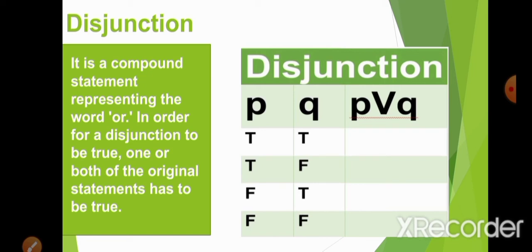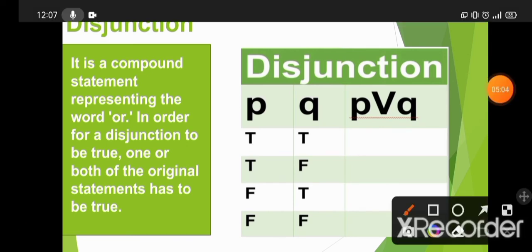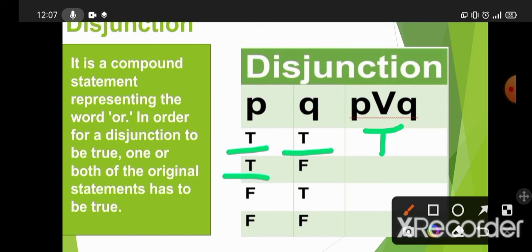So, in our first, we have P is true and Q is also true. So, the disjunction is true. And the second one is P true and Q false.